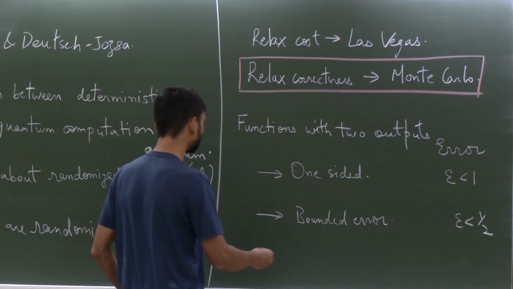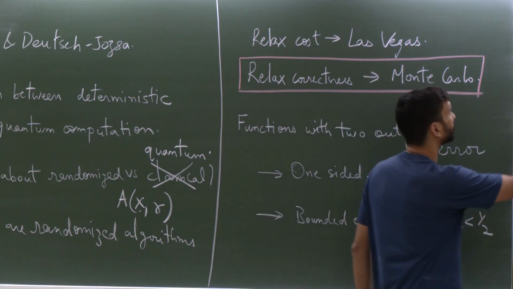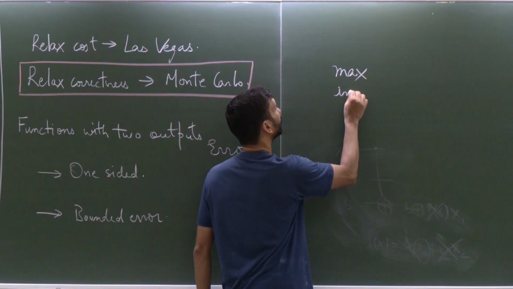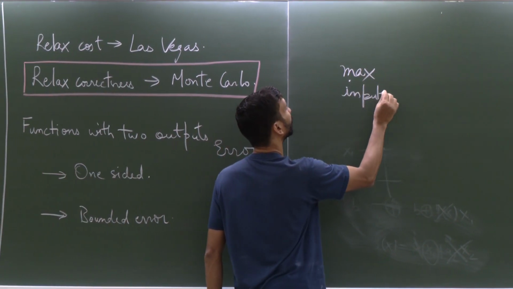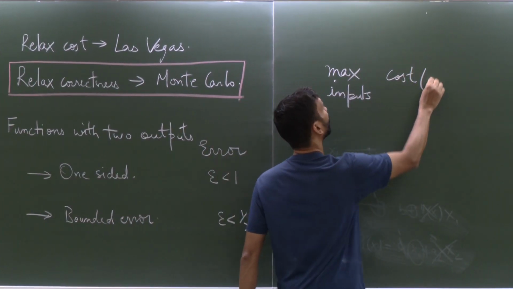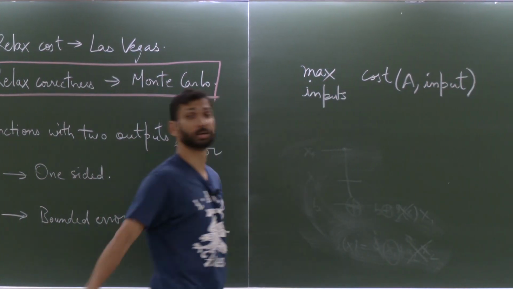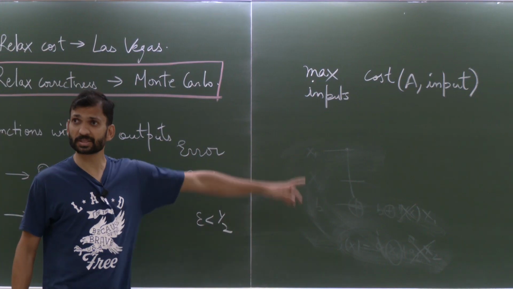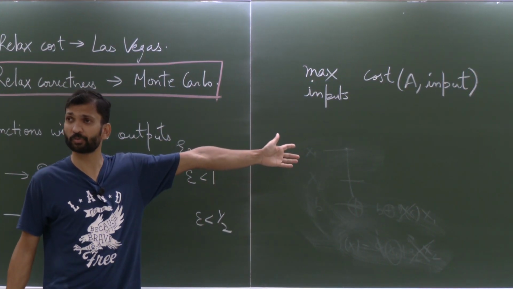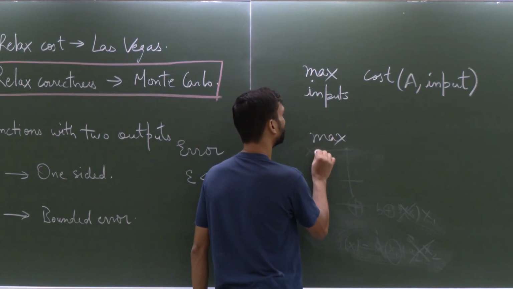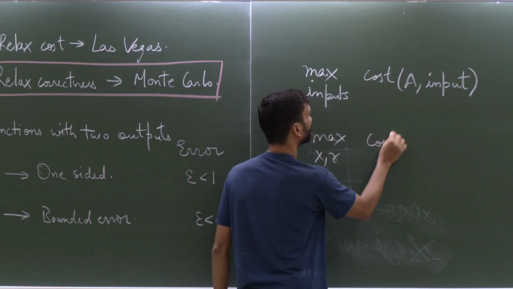Generally when we talk about algorithms, this is my cost, the worst case cost. That's how we consider it in our algorithms. So in this case, it would become max over x comma r.